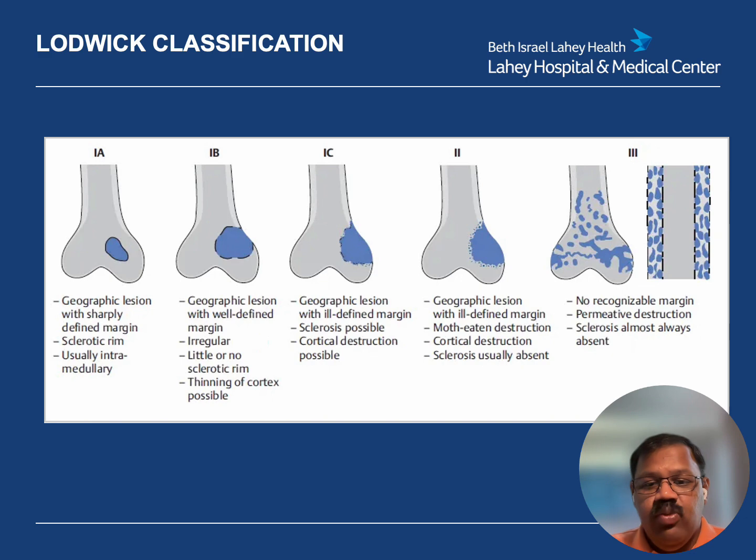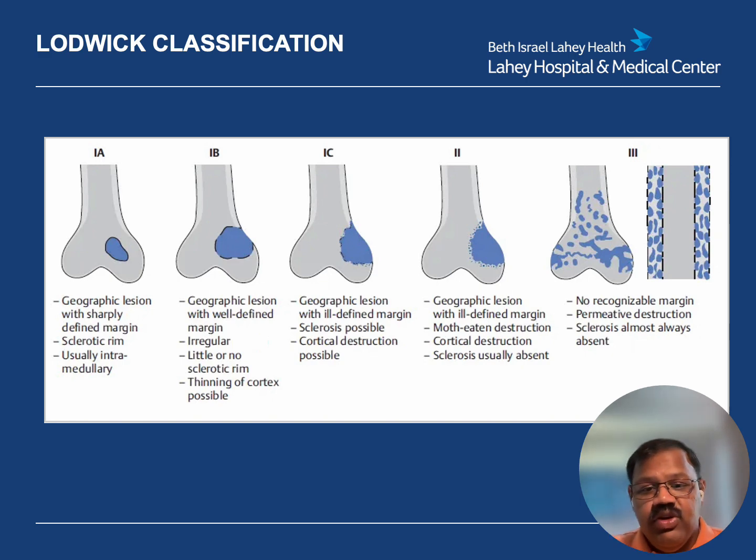So type 1A, 1B, and 1C, main differences being in A, you have the presence of a sclerotic border. In B, there's no sclerotic border, but still relatively well defined. And type C, still geographic, but the borders are usually almost invisible and do not necessarily have sclerosis and can be associated with cortical destruction.